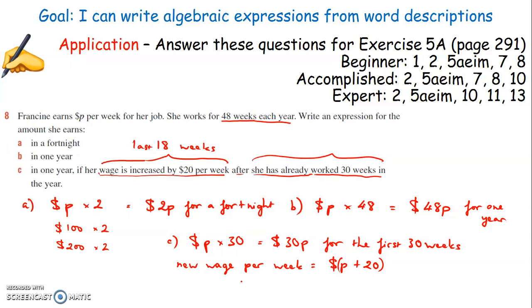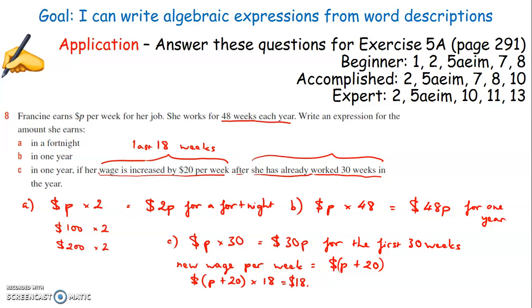So therefore, for the last 18 weeks, what she would earn is P plus 20 in brackets. That's how much she earns for the week, times by 18 weeks. Rewriting this, we don't need to write the multiplication sign, and I'm just going to bring the number 18 in front. Now we are going to learn about a law in the next exercise, exercise 5B.